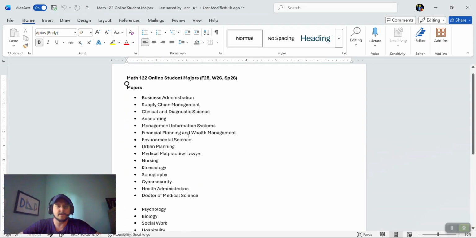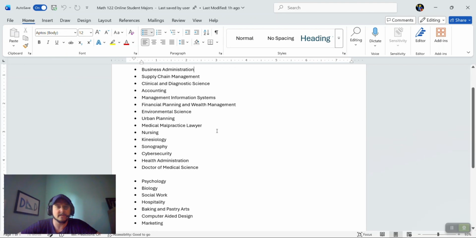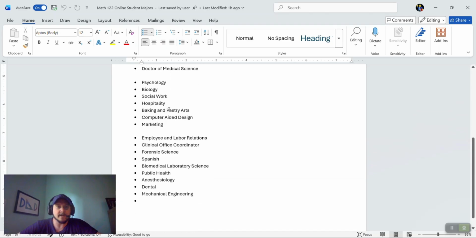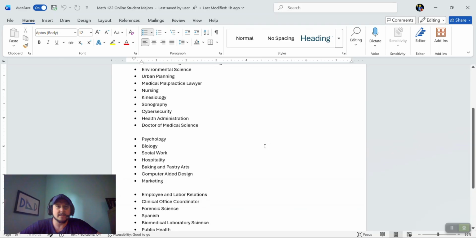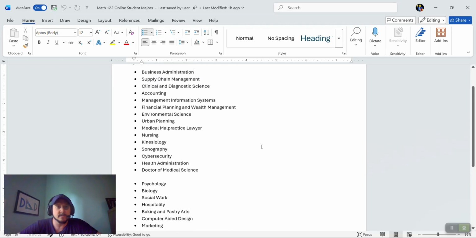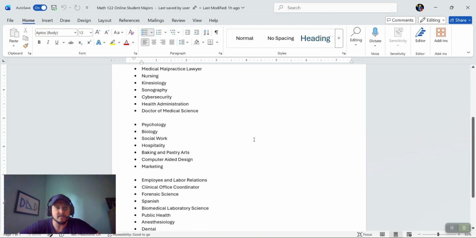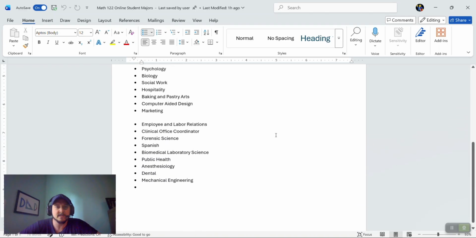These are the different majors that my students indicated in a personal introduction discussion post, spanning the past 3 semesters, this current semester and the 2 prior. You can see there's a large variety, and these are quite common. I've been teaching online stats for a number of years now, so I would say it's a decent representation of what I could potentially see in my upcoming fall semester stats class.